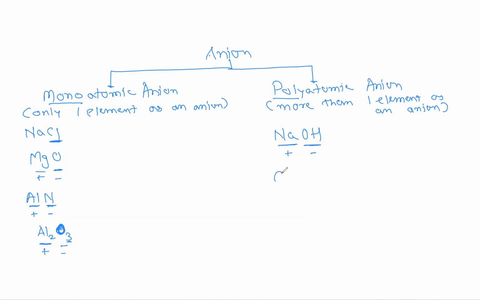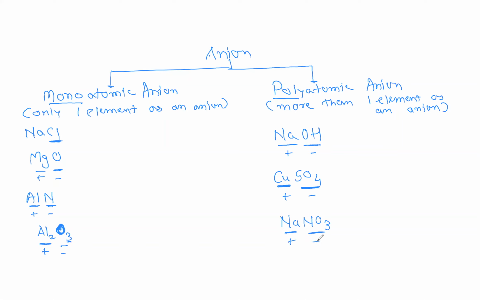Another example could be CuSO4, in which copper is a cation and SO4 together is the anion. I'm going to explain how to remember all these anions, but just try to focus on how to differentiate monoatomic and polyatomic. At the moment, let's say NaNO3. In this case, Na is a cation, NO3 is the anion.